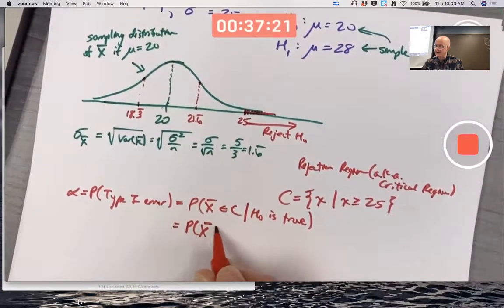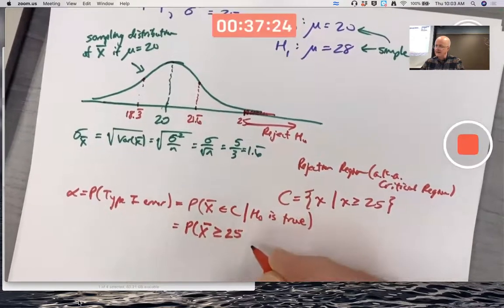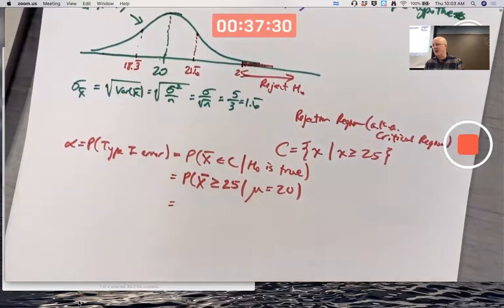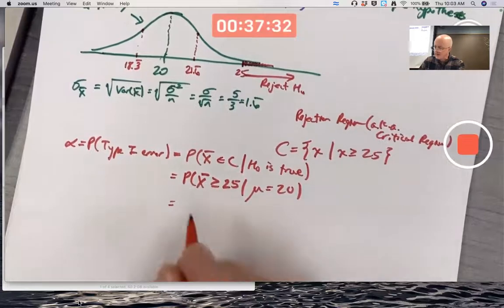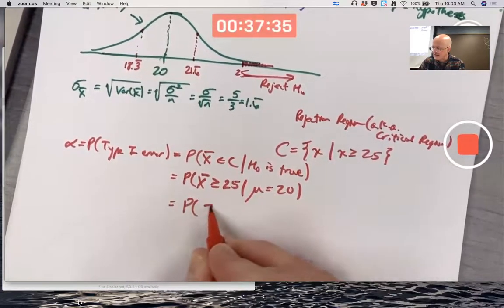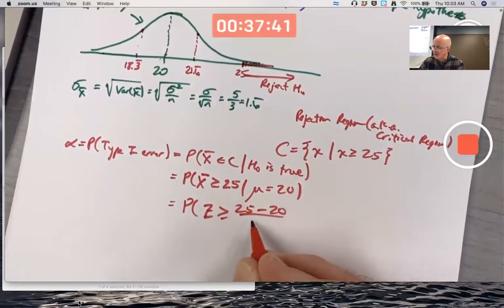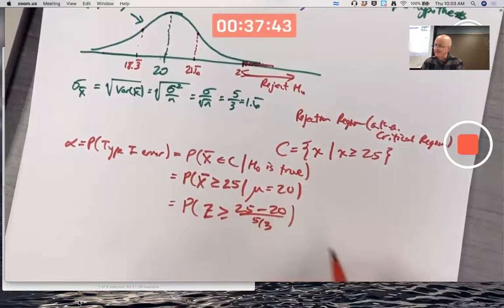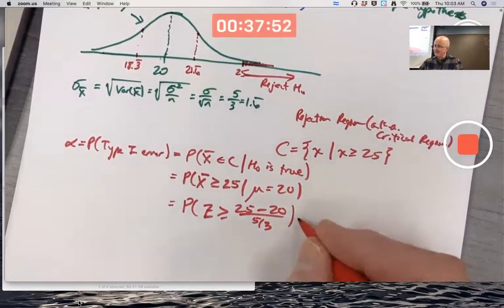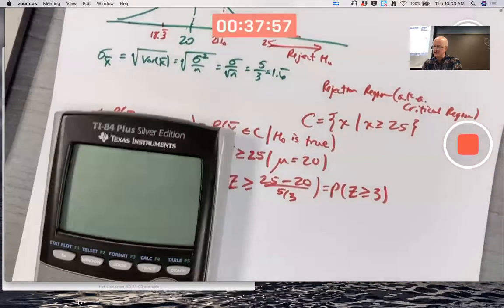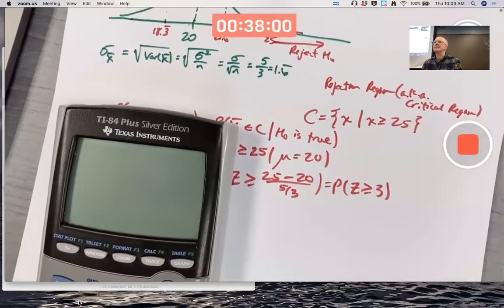This is the same as x bar being greater than or equal to 25, given that mu is 20, written as a conditional probability, but when we calculate it, we don't bother with the conditional probability notation. We standardize, convert to z by subtracting the assumed value of mu and dividing by sigma over square root of n. 5 divided by 5/3 is going to be what, 3? In my head. So this is the probability that z is greater than or equal to 3, which is pretty small. Less than 0.005.